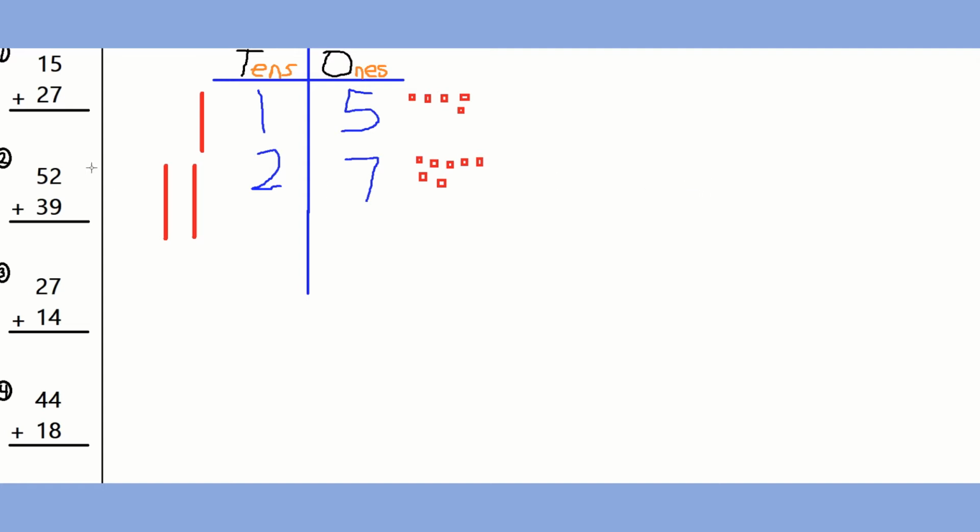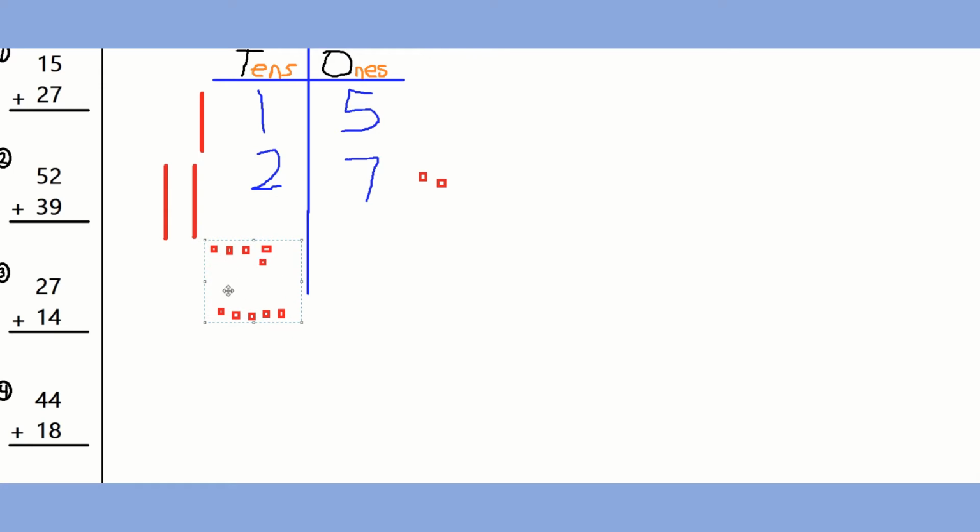So what we need to do is take 10 ones and group them together over here. So all we need to do is 1, 2, 3, 4, 5, 6, 7, 8, 9, 10. That's 10. So let's take our 10 and group it together and put it over here.